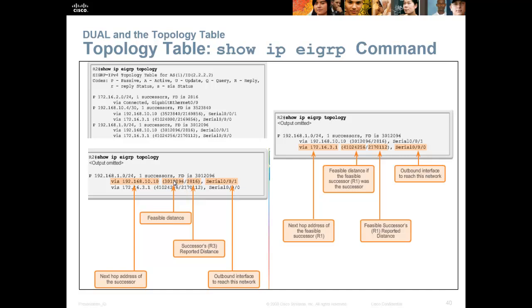All the distances from the other routers are reported to you, and you list them and say, anyone that has a number lower than mine will become a backup route. So here, 217.0.112 is smaller than 301, so this is a backup route.